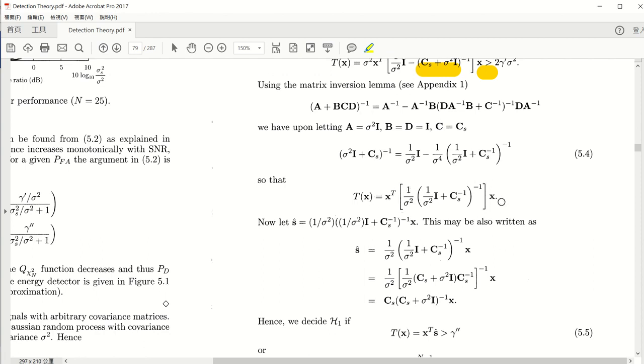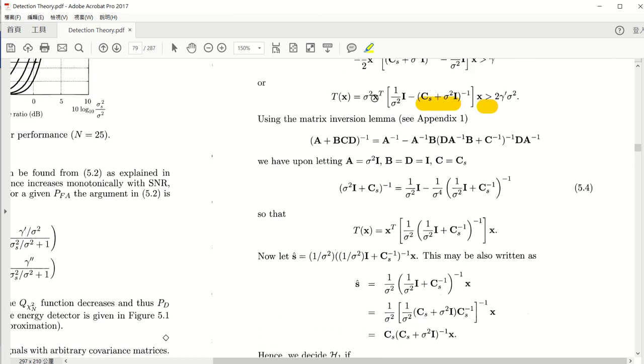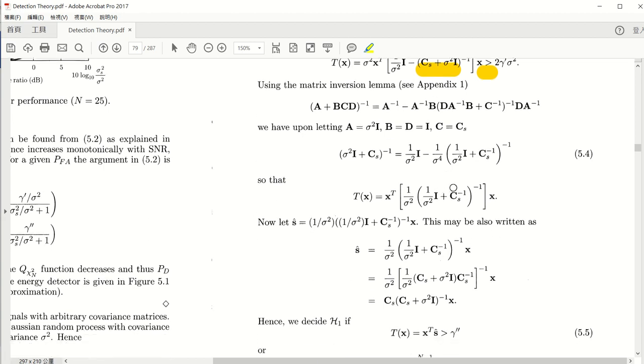So you get T of x equal to x transpose, square bracket, x, and then in the middle you notice here there is x transpose, and there is x, x transpose, x, and in the middle you have this thing that seems to be simpler than before.